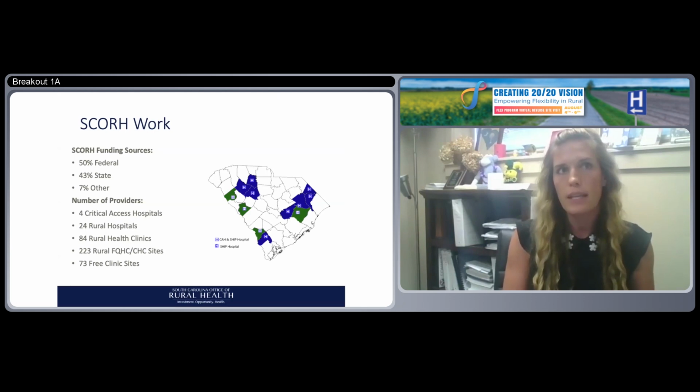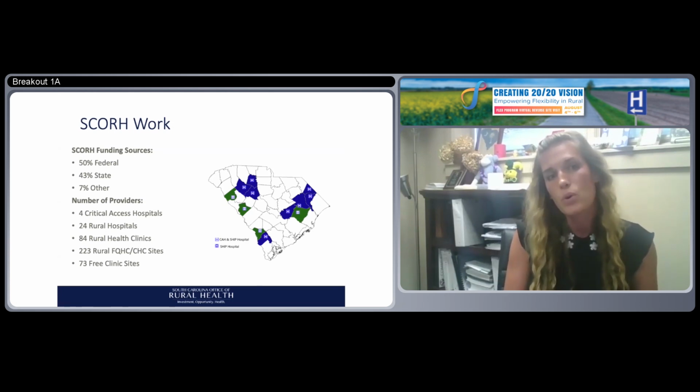This definitely tailors our work differently, where we do a lot of in-depth work with each of our hospitals. We're able to work on activities and focus work directly on what that critical access hospital needs. Our funding sources are about 50% rural, 43% from South Carolina, and then some other funds.